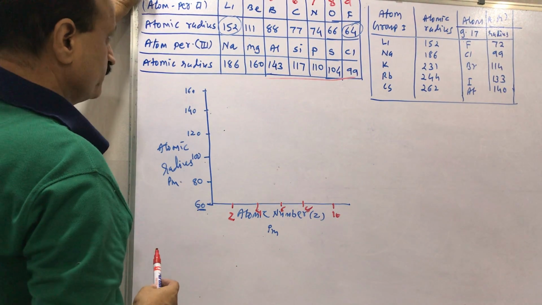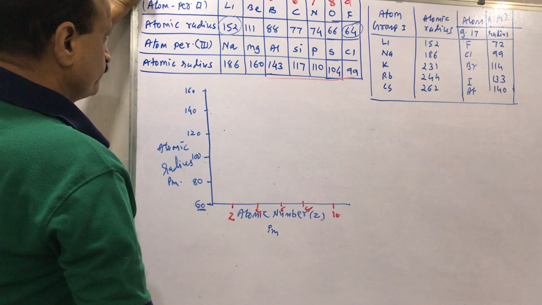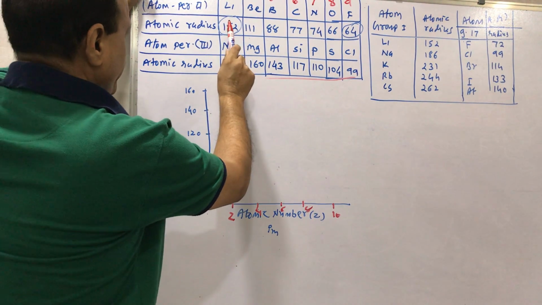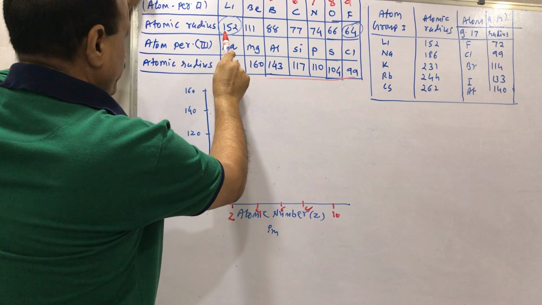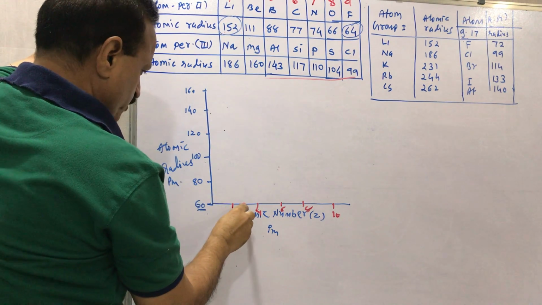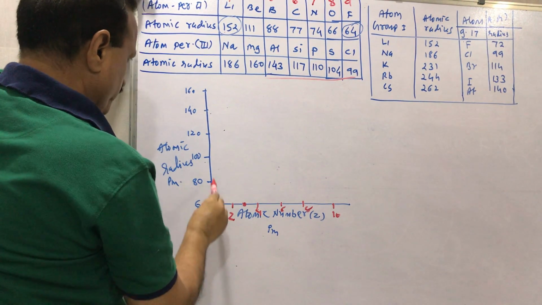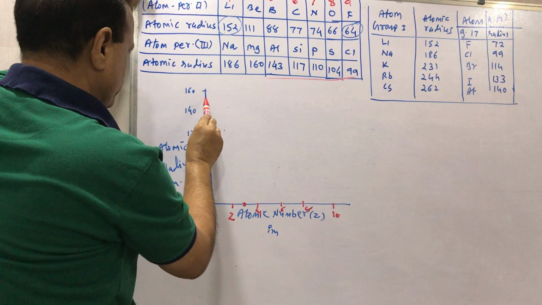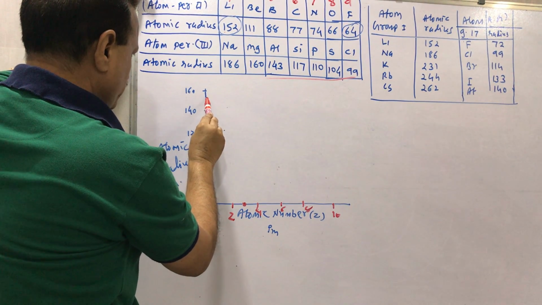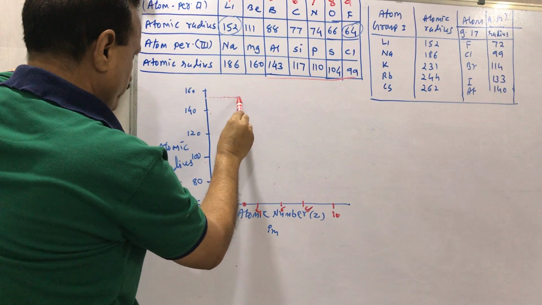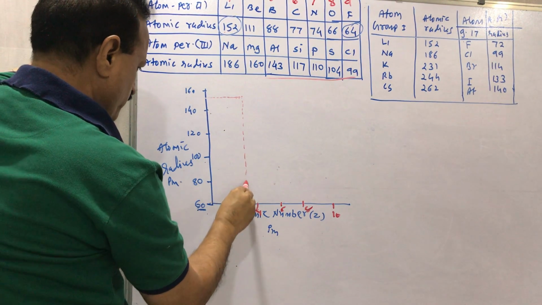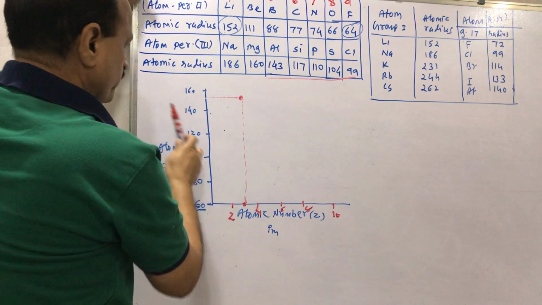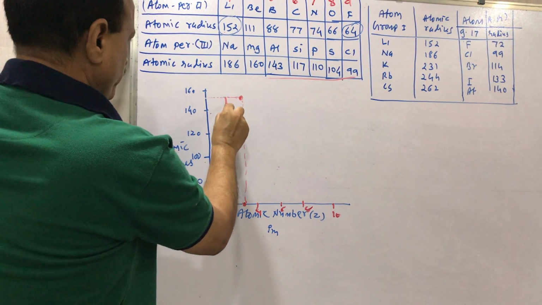Let's draw the graph. First, atomic radius is 152, atomic number is 3, so 3 will be here between 2 and 4, and radius is 152, so it is between 140 and 160, a little less than 160. This is the point for lithium.